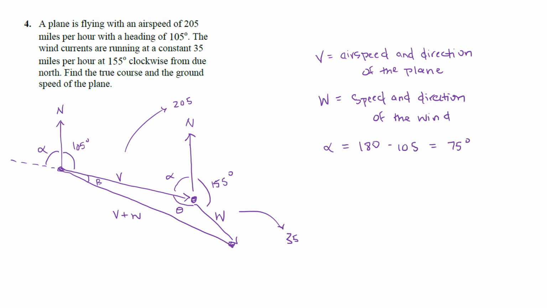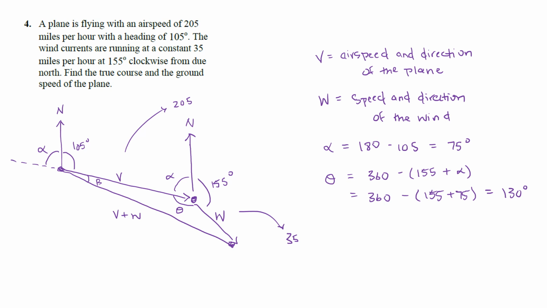So we know now that alpha is 75, which means we can then find theta. So theta would be 360 minus 155 plus alpha, which we know is 75 degrees. So when we subtract that sum from 360 degrees, we'll get 130 degrees. So we know alpha is 75. We know theta is 130.